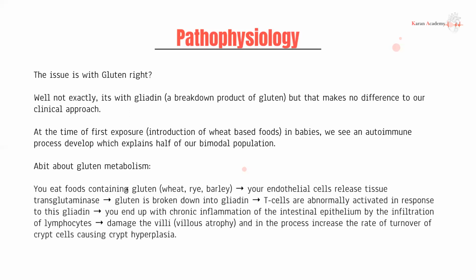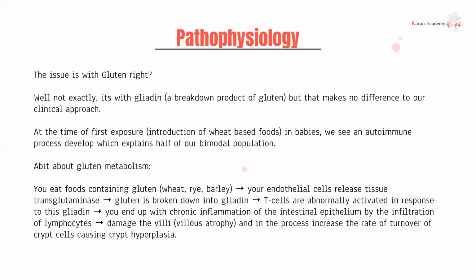So how does gluten metabolism work? And how does celiac disease work? You eat food that has gluten. So far, so good. Your endothelial cells in your gut, especially the duodenum, release an enzyme called tissue transglutaminase. What tissue transglutaminase, or TTG, does is it breaks gluten down into gliadin.